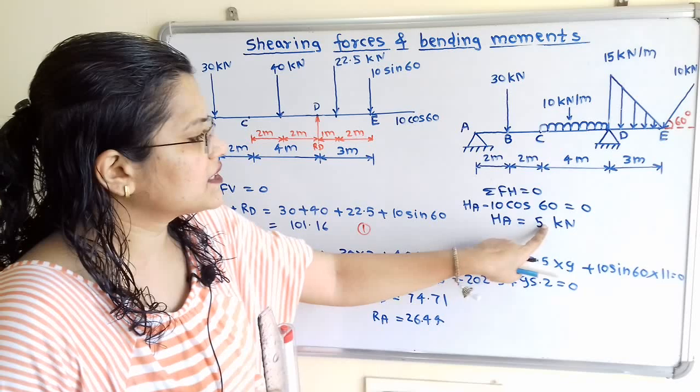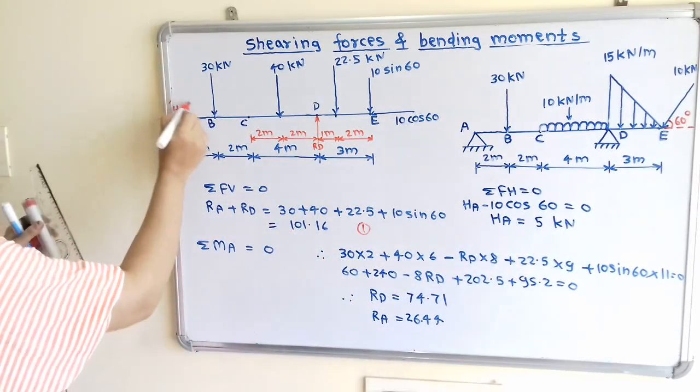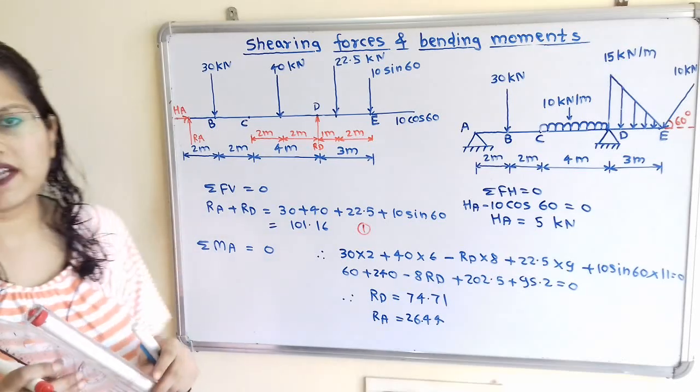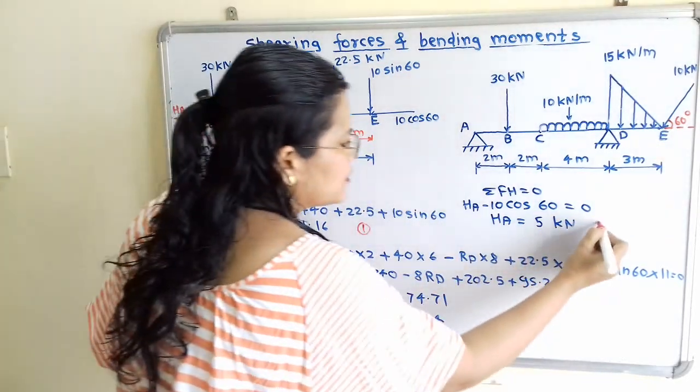Therefore, HA is equal to 5 kilonewton. Now we will move to the next. So this will be our equation number 2.